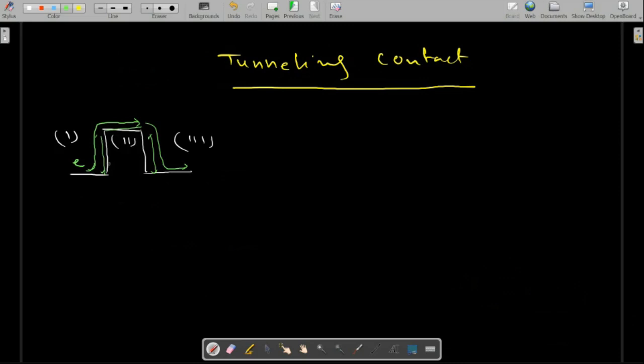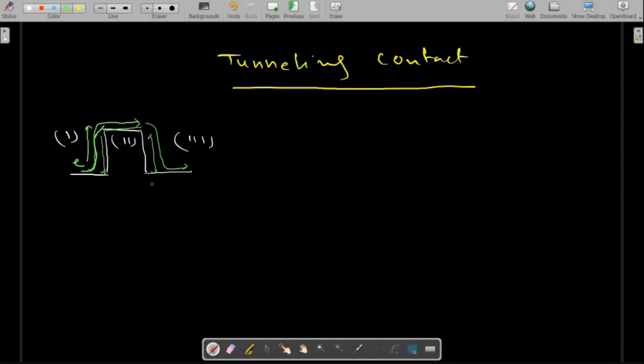That means you have to jump like this, and jumping means you have to increase the electron energy so that the energy of the electron is at least here, then the electron can move. By applying external voltage, you increase the electron energy, then the electron can move from region 1 towards region 3. This is as per classical mechanics.